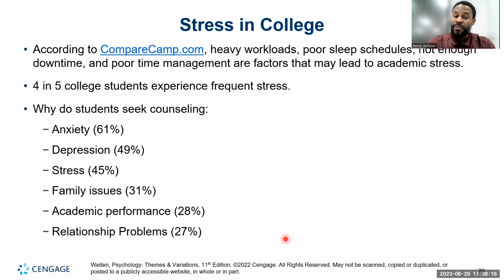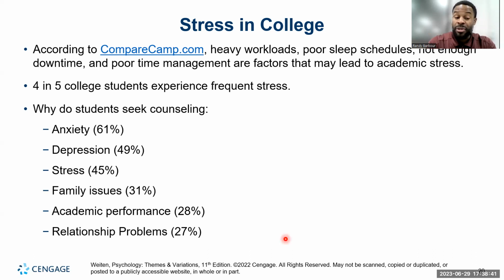We definitely have control over our time management, our sleep schedule and our downtime. Time management and downtime go hand in hand. If you don't manage your time well, then you're not going to have enough downtime. And if you don't have enough downtime and don't manage your time well, then you're not going to sleep well. And that will then lead to academic stress.